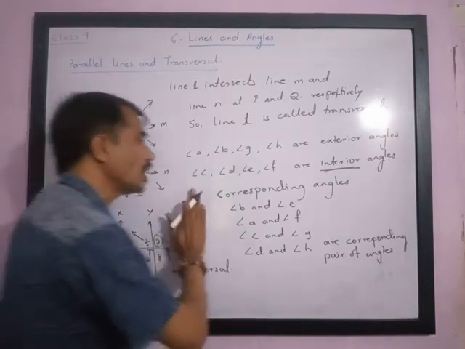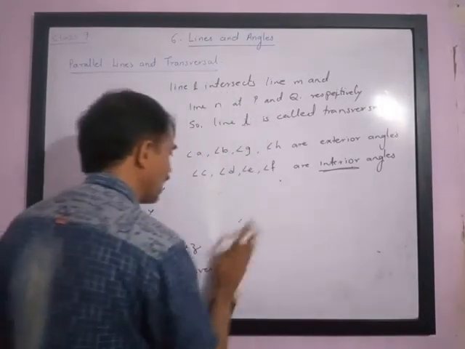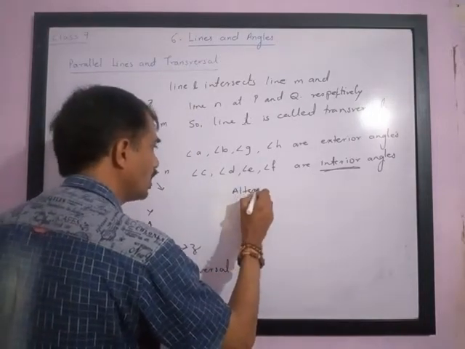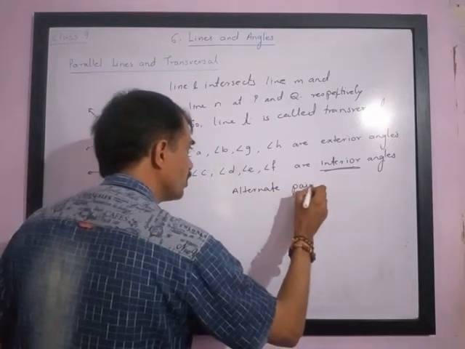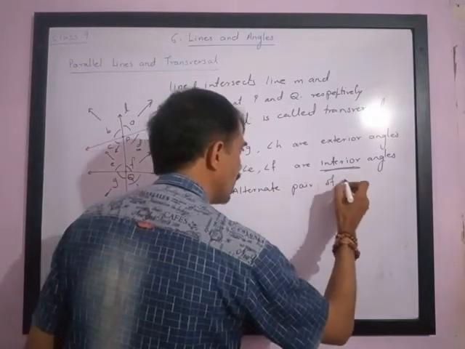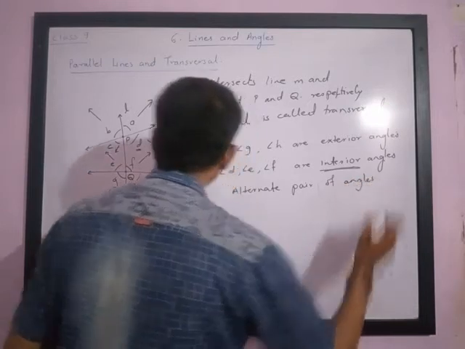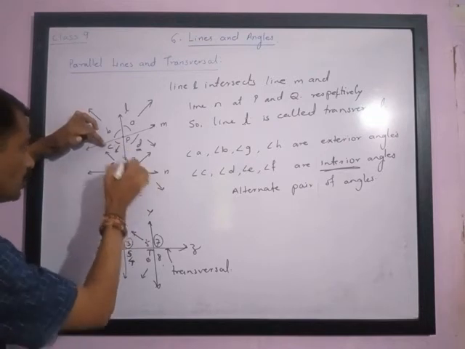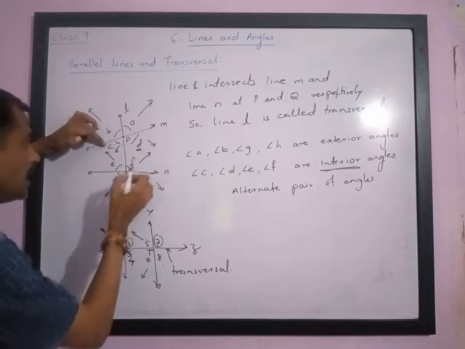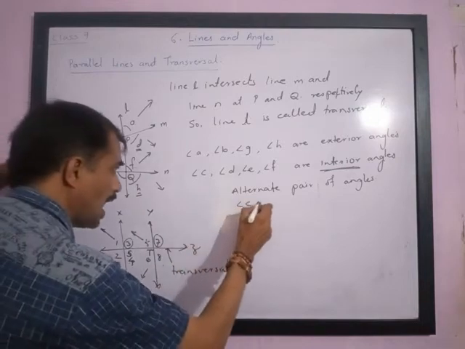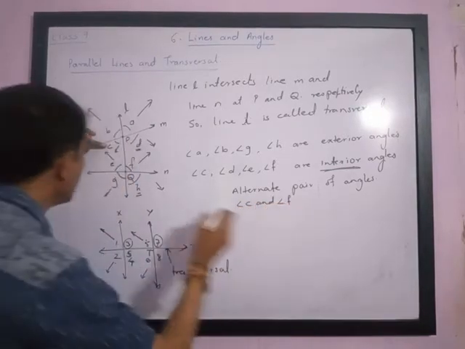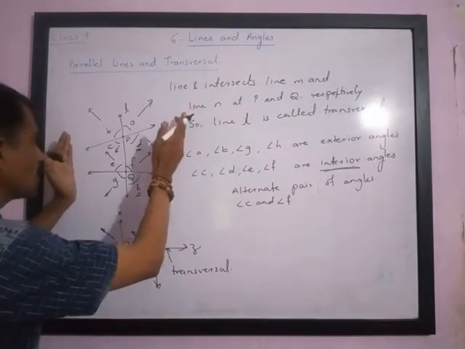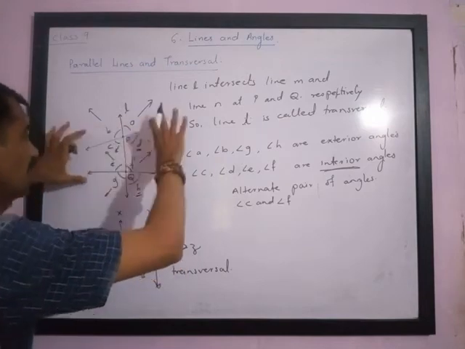Next is about alternate angles. Now try to understand alternate pairs of angles. Here, please try to understand, this C and F, please note, these form alternate interior angles, angle C and angle F, and angle D and angle E. They are on opposite sides of the transversal and in the inside of the two other lines.